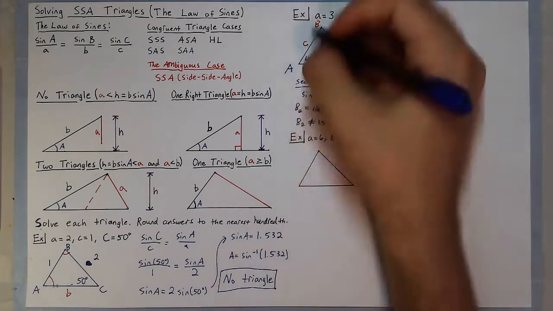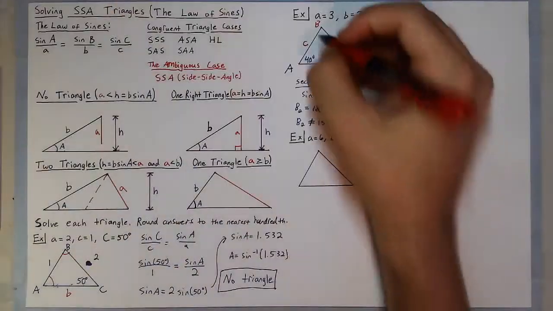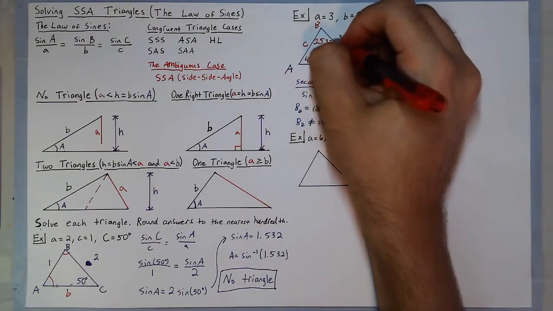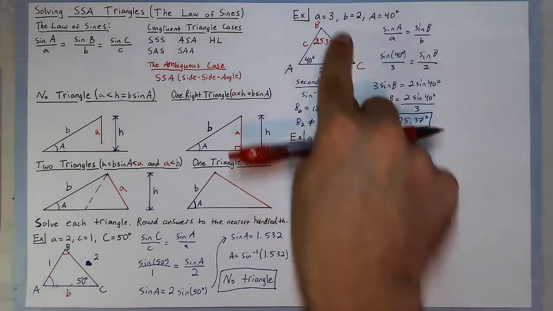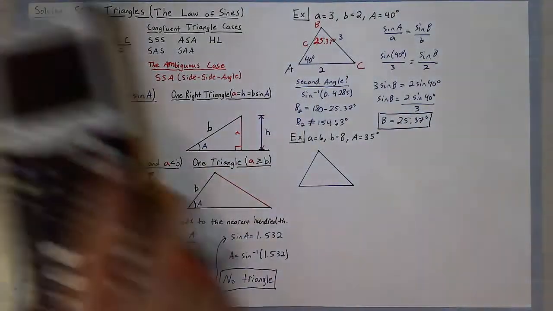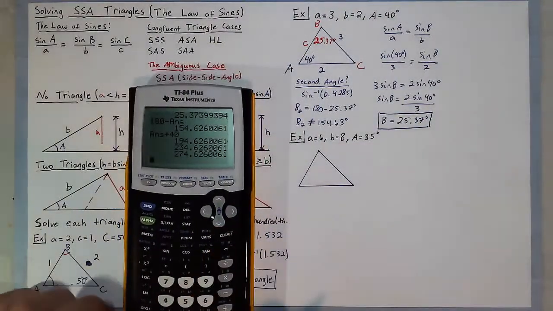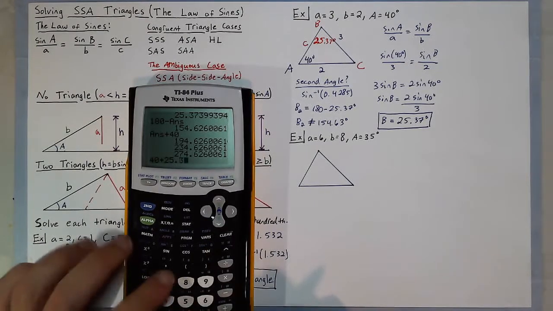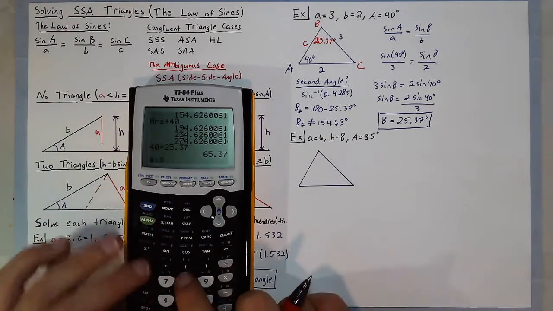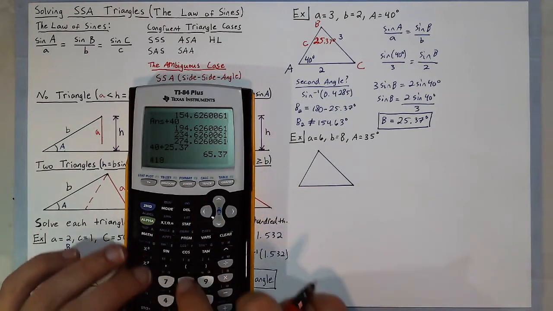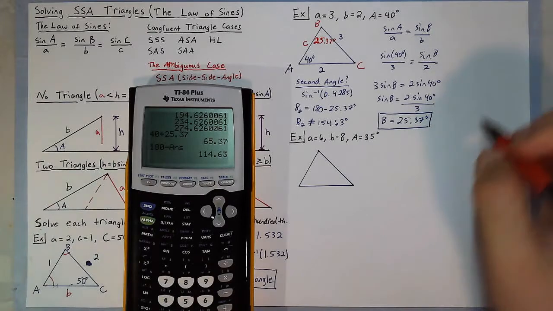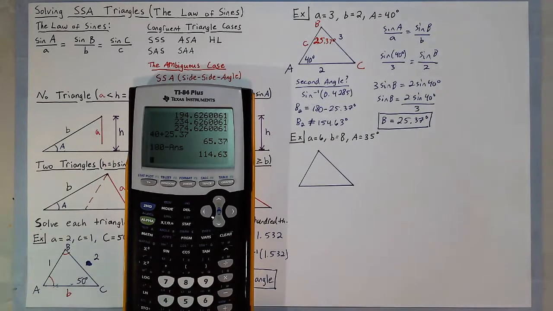Now that I know that that angle is 25.37 degrees, I can use the fact that all the angles add up to 180 degrees to find angle C. So 40 plus 25.37, and subtract that from 180, gives me that C should be 114.63 degrees.